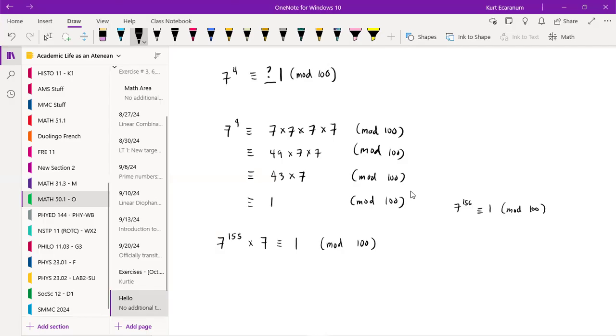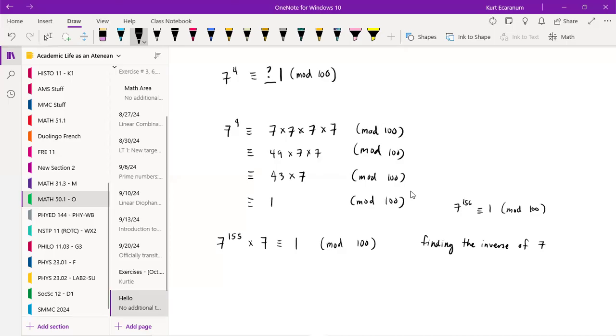So this is like finding the inverse of 7. So inverses sila ng each other. The inverse of 7 for this context right now is 7 to the 155.